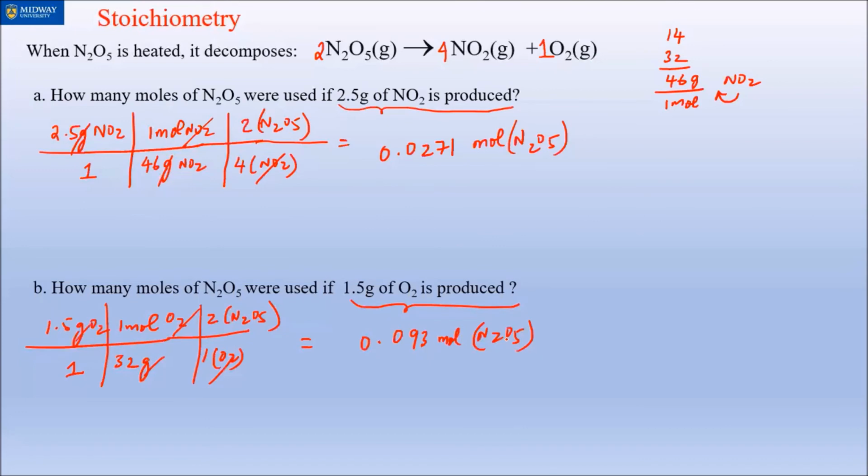That is, imagine we're going backwards, right? So is NO2 or O2 limiting? This is hypothetical. How do we know something is limiting? It's the smallest of the two, and the smallest of the two is the top value, and that value comes from NO2, right? So NO2 is limiting.